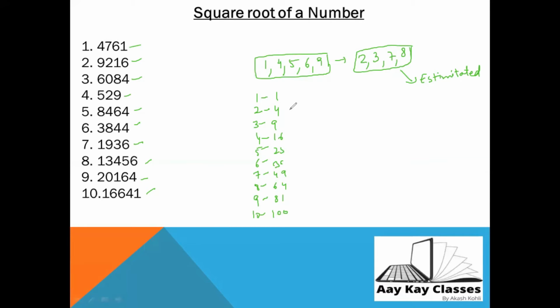You can see all these numbers end with 1, 4, 5, 6, 9, 0; there is no number ending in 2, 3, 7. There are two numbers ending in 1, two in 4, two in 9, two in 6, one in 5, and one in 0. This is the concept behind it.